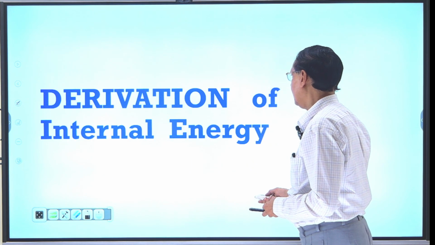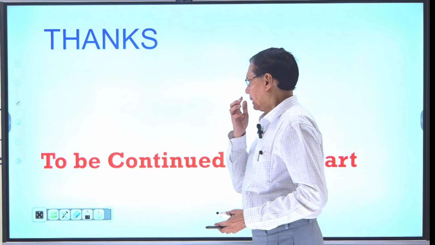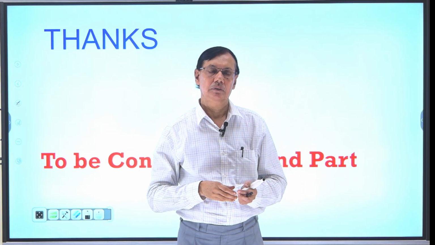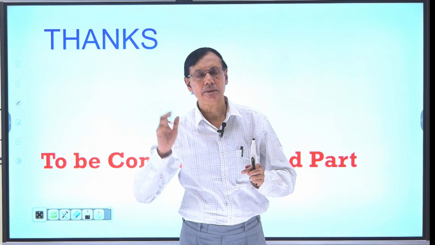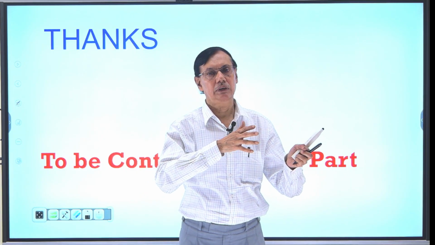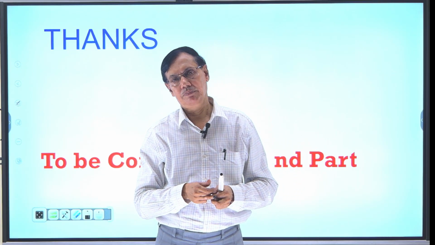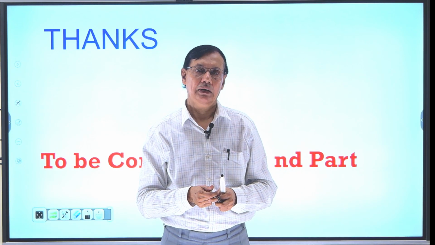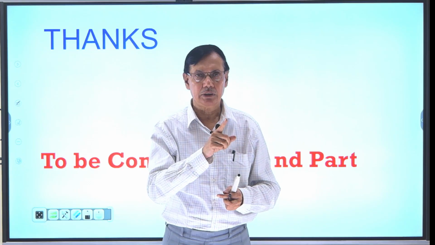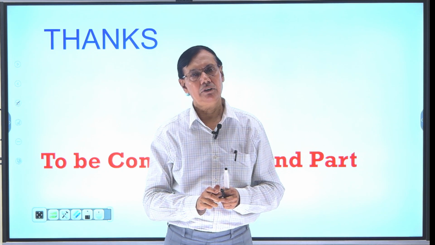It is very simple. Only thing is that first you need two formulas. One is Maxwell-Boltzmann statistics, and in that Maxwell-Boltzmann statistics you have to substitute the value of n, because our objective is the determination of internal energy from molecular partition function.